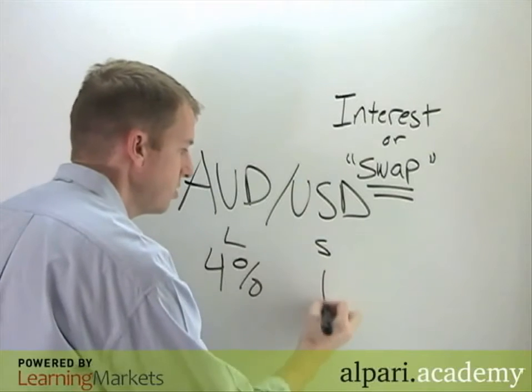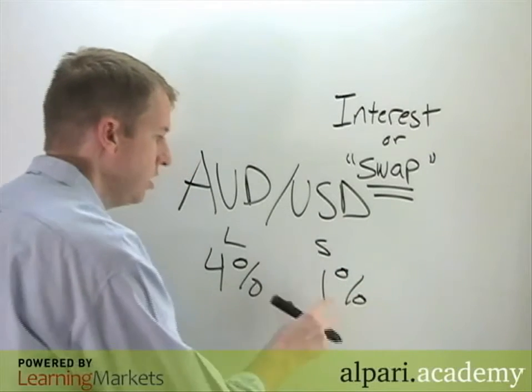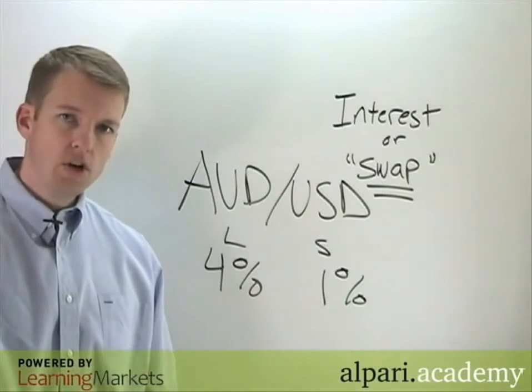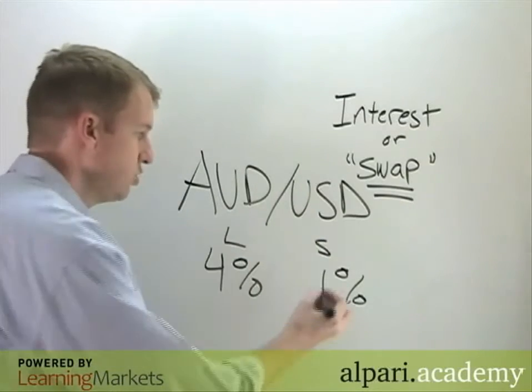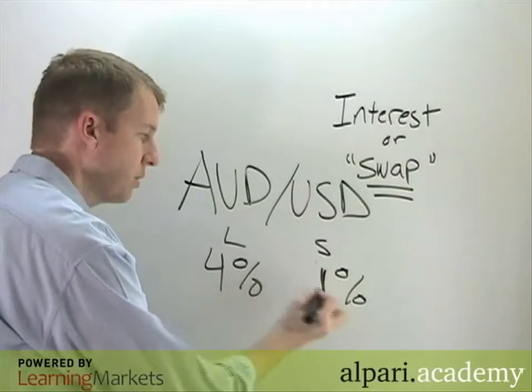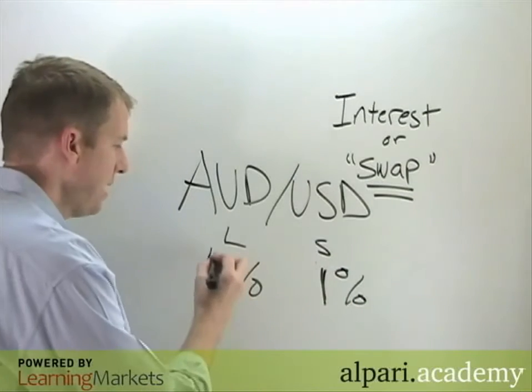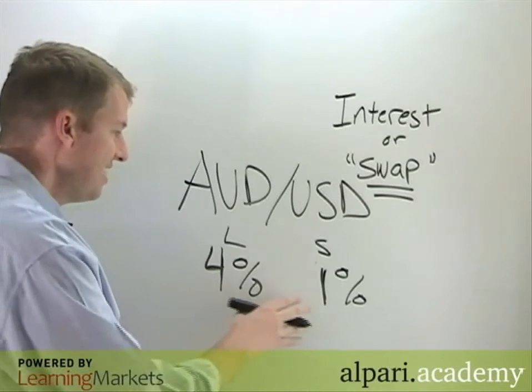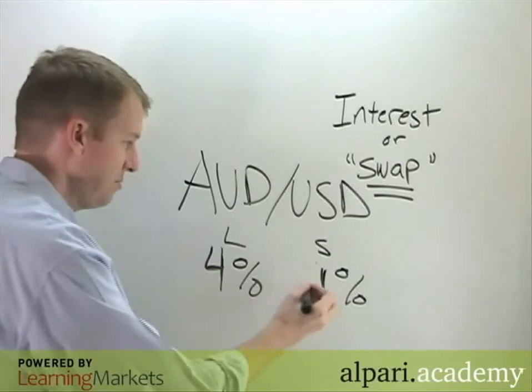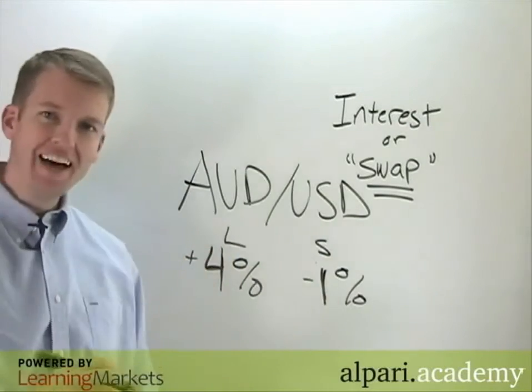We have a similar situation here on the US dollar with 1% interest. So if you were to look at this as representative of the interest that you would be charged for borrowing dollars and that you'd be paid for owning and depositing Aussie dollars, then you've got a differential here. You're being charged this, but you're earning that, right?